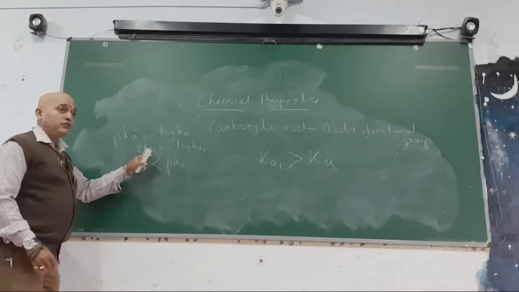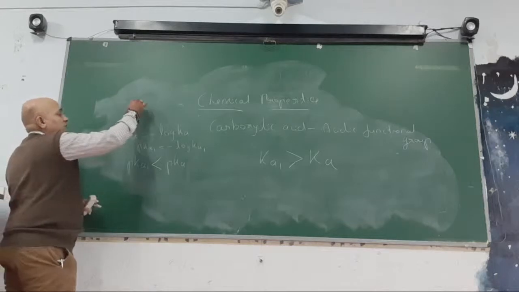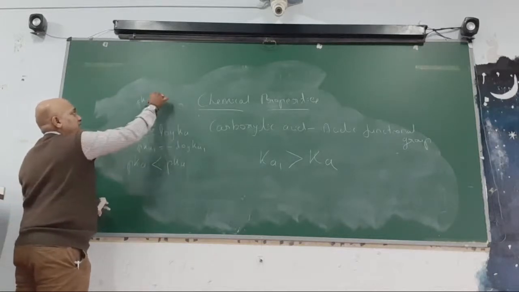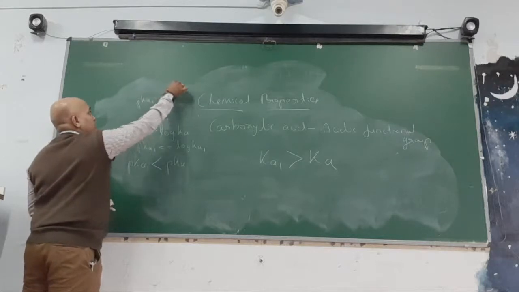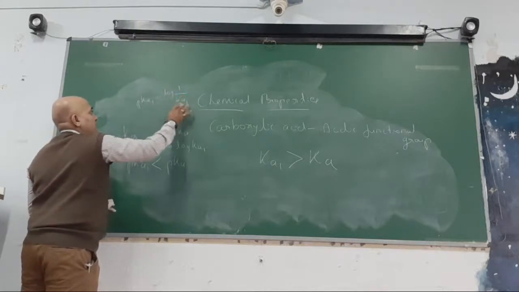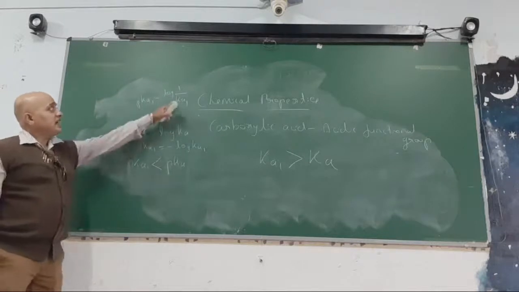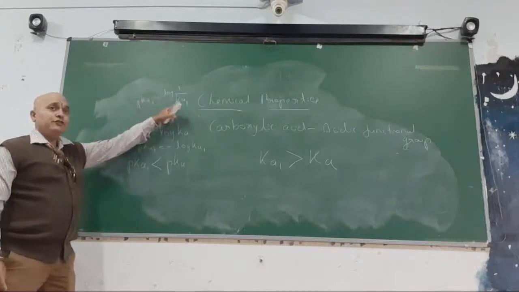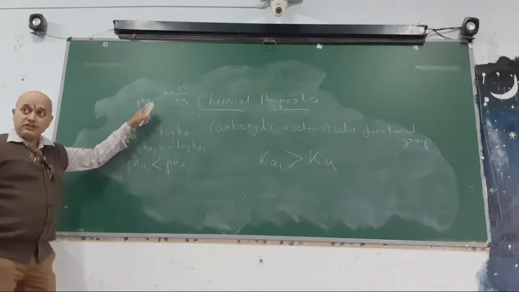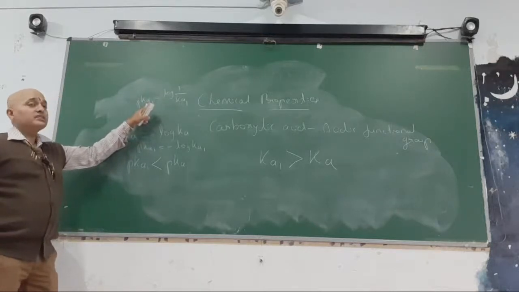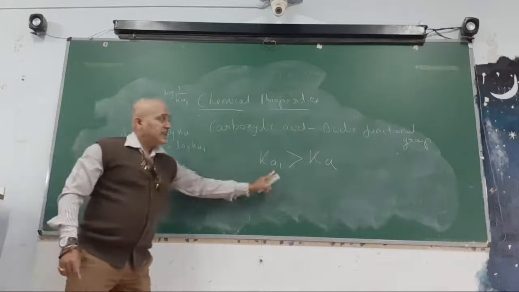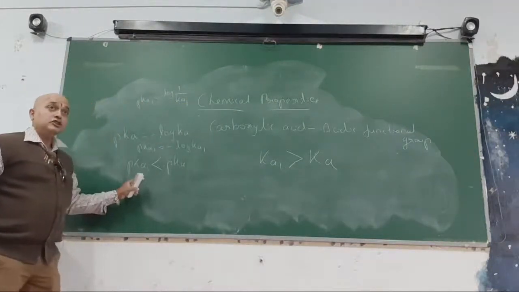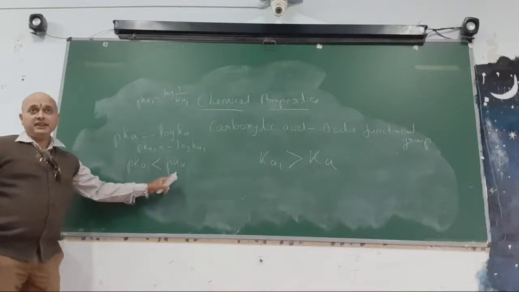According to the logarithm law, pK1 can be written as log of 1 by Ka1, so they are inversely related. Since Ka1 is greater than Ka, pK1 should be lesser than pKa.